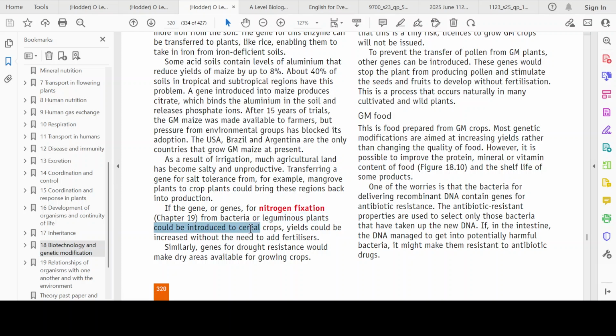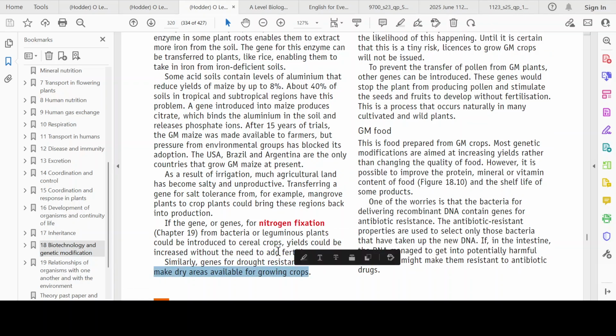And so those could be introduced to cereal crops, which do not fix nitrogen naturally. But if you introduce it, they might be able to fix nitrogen and have higher yields, more protein. And so that would reduce the need for fertilizers. Genes for drought resistance would make dry areas available for growing crops.